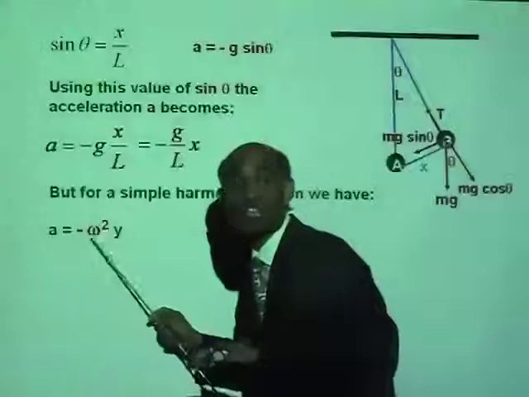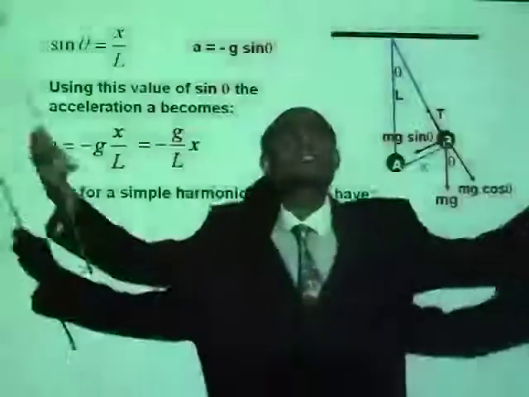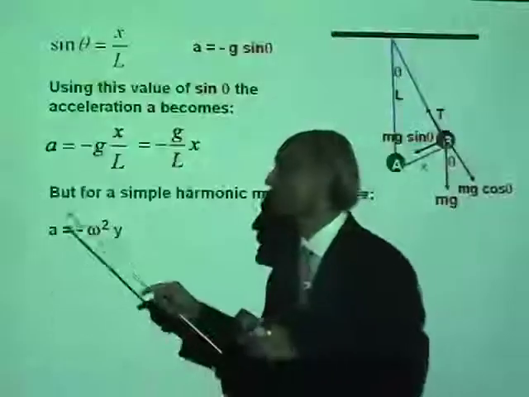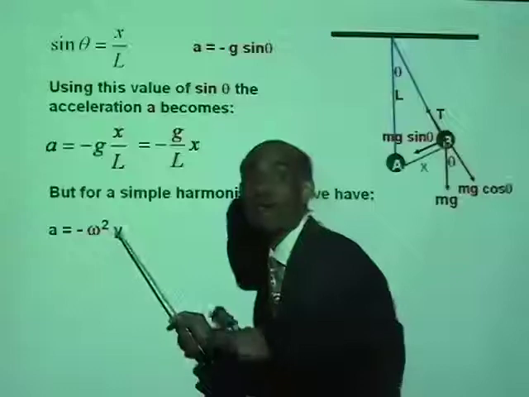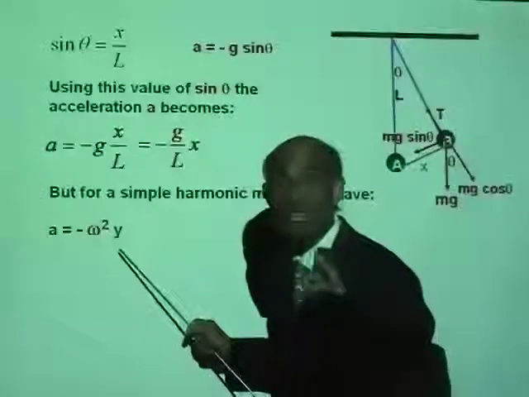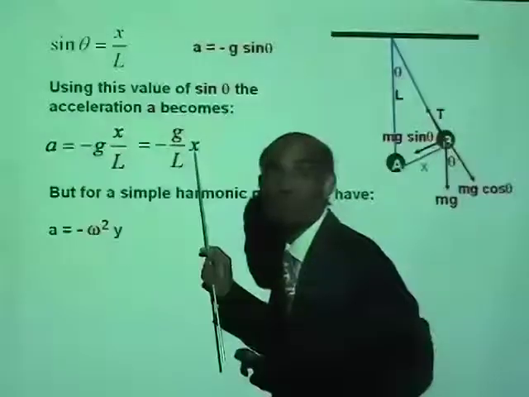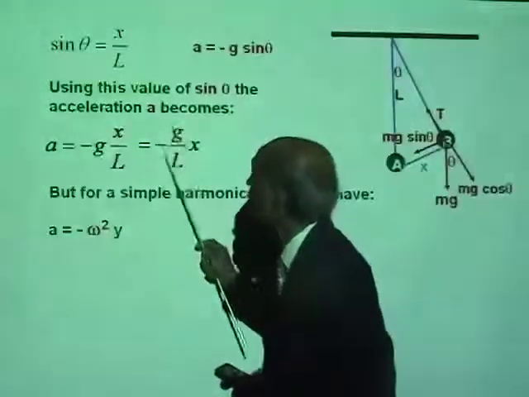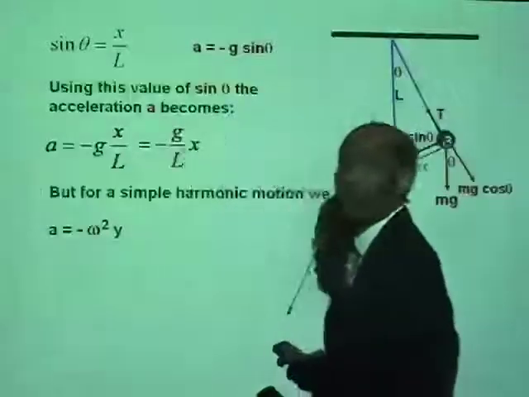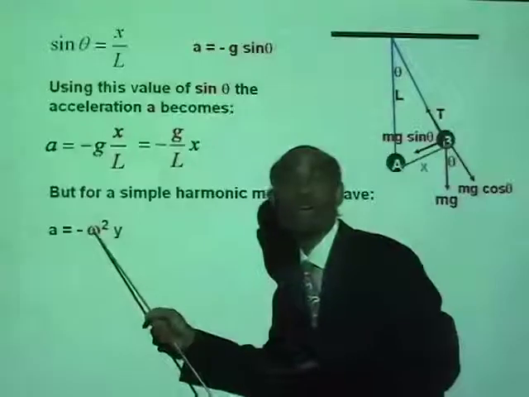And this is a general equation for acceleration of any simple harmonic motion. A equal to negative omega squared y, where y is the displacement. So x and y are both the same. That means if you compare the two equations, this g over L for the simple pendulum stands for this omega squared.